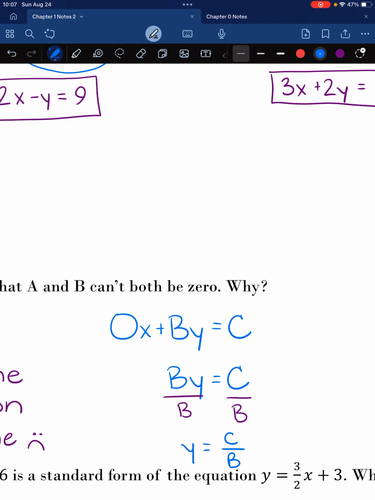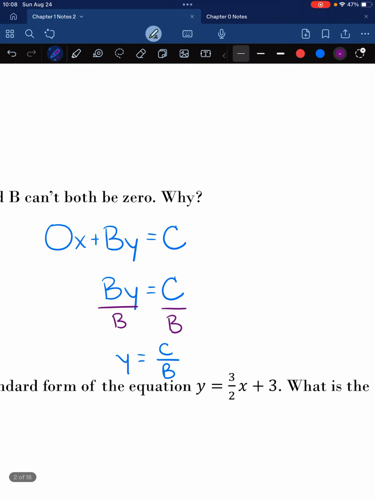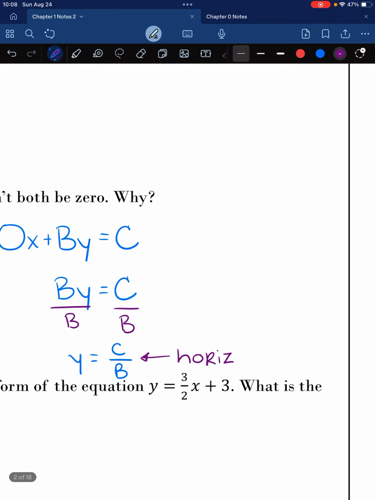C and B, remember those are standing for just different numbers. So y equals a number, that is going to be a horizontal line. And we'll talk about that more later. If you don't know how I know that, that is something we'll review, so don't panic right now. But I do know that that's a horizontal line.